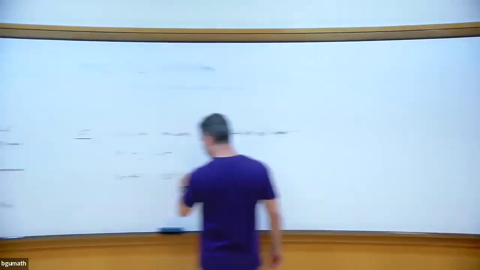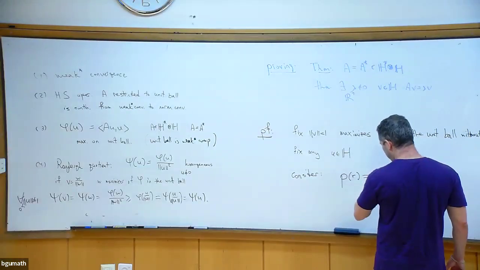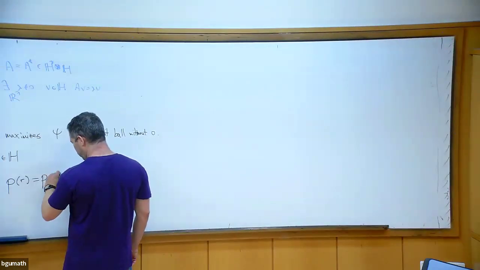So P of a real number is going to be, this is P of U. It depends on U, it depends also on V. So we can write V and U. They don't play the same role, so you have to be careful.